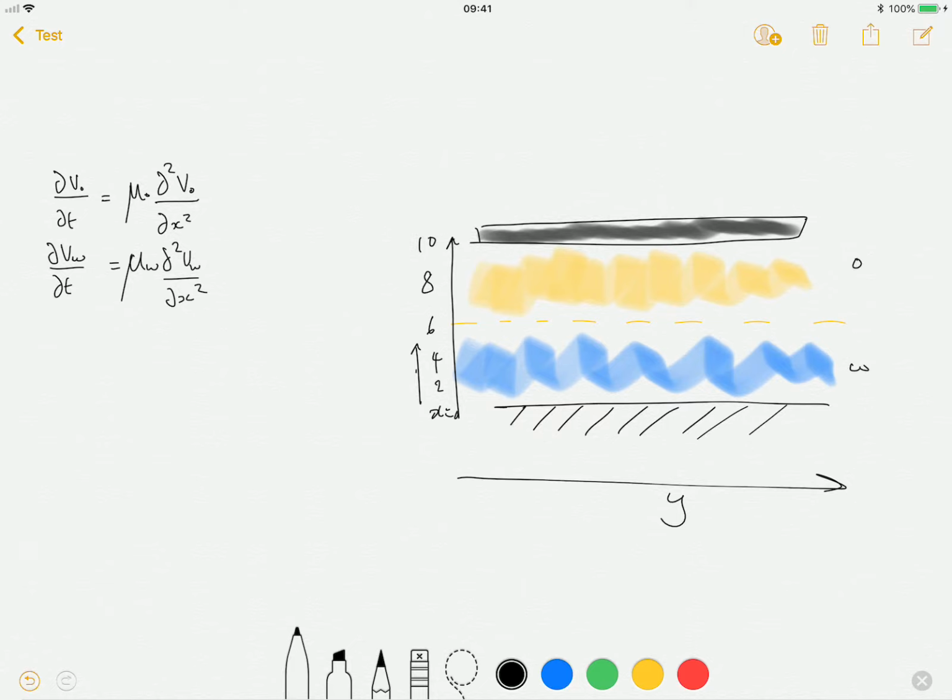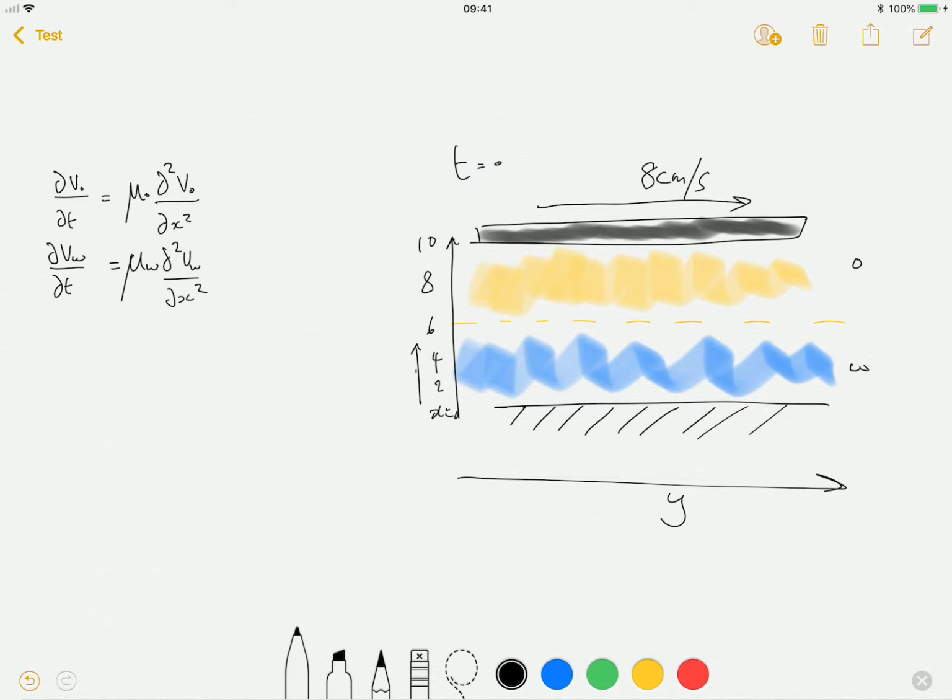Well, let's say at time equals 0, the top plate is moved at 8 centimeters per second, at constant speed. Okay, and the acceleration to 8 centimeters per second happens so rapidly that it appears as if this top plate is moving at a constant speed of 8 centimeters per second.